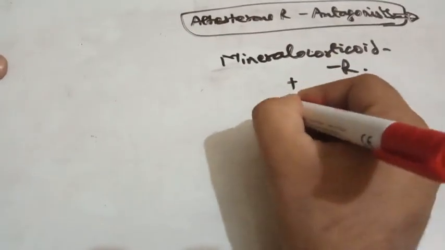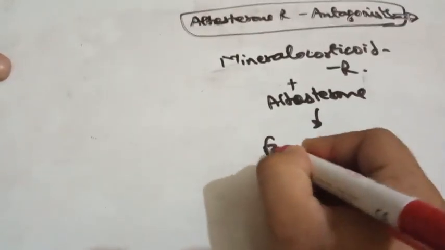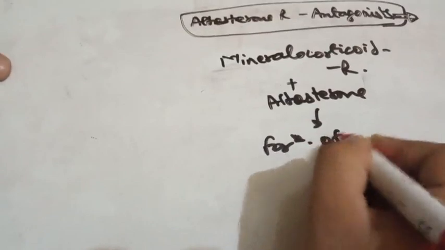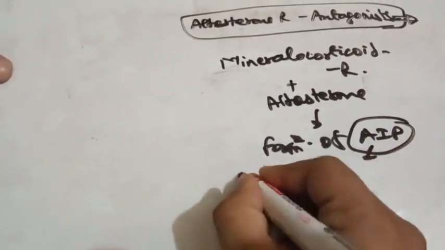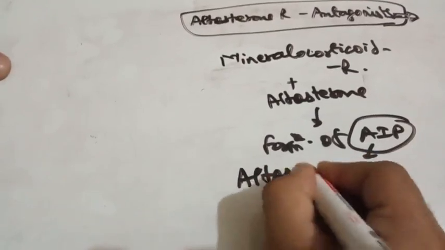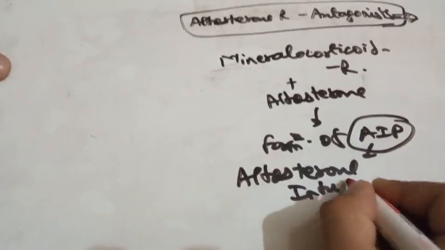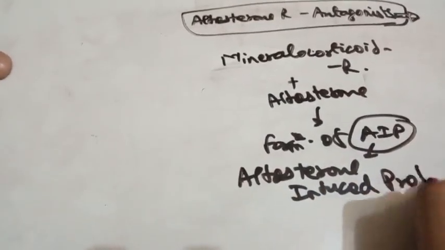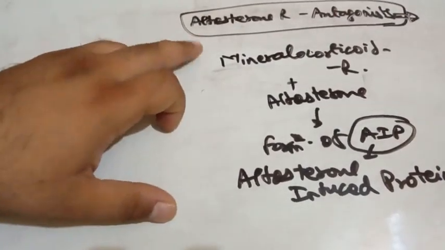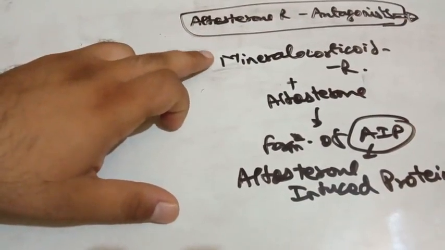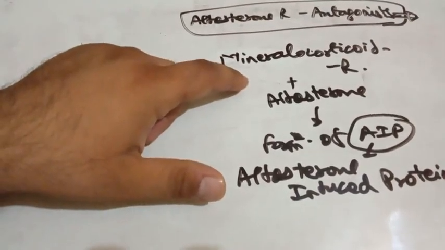Mineralocorticoid receptor plus aldosterone will lead to the formation of AIP, that is aldosterone induced proteins. So aldosterone is released by the adrenal cortex, and binds to its receptor, the mineralocorticoid receptor, found in the membrane of renal epithelial cells.